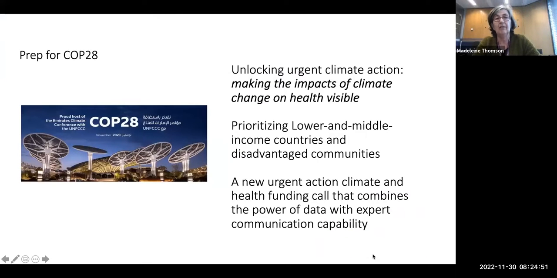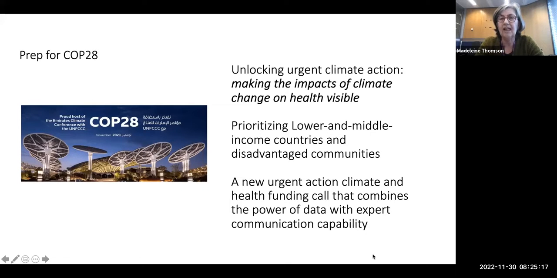And just talking about the next COP, COP28, in preparation for that, one of the areas that we're looking at investing in now, and we hope to launch this sometime in the new year, is unlocking urgent climate action by making climate impacts on health visible.